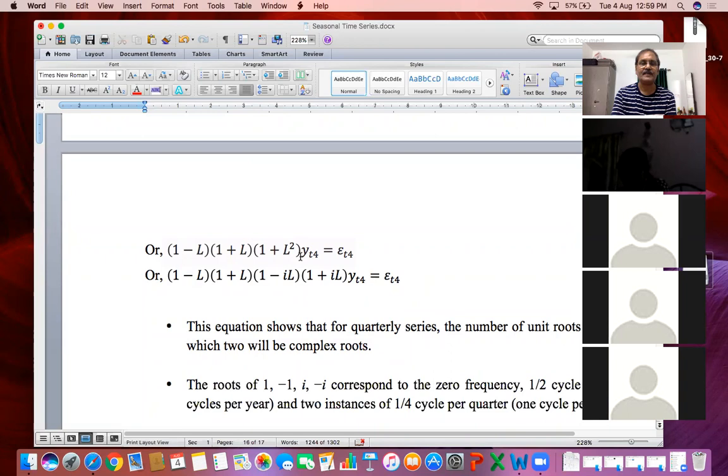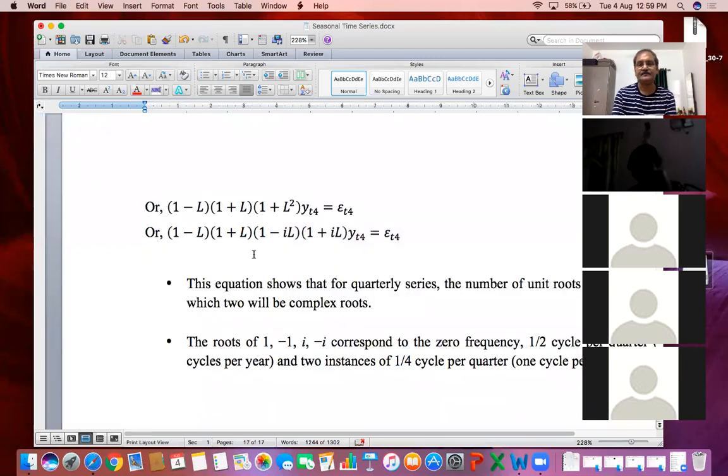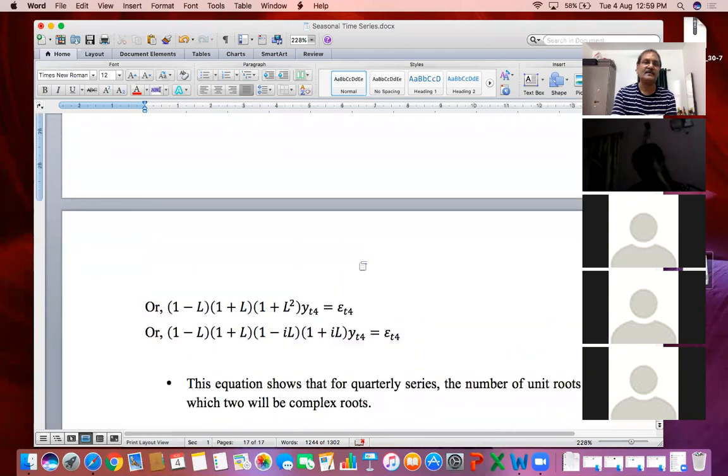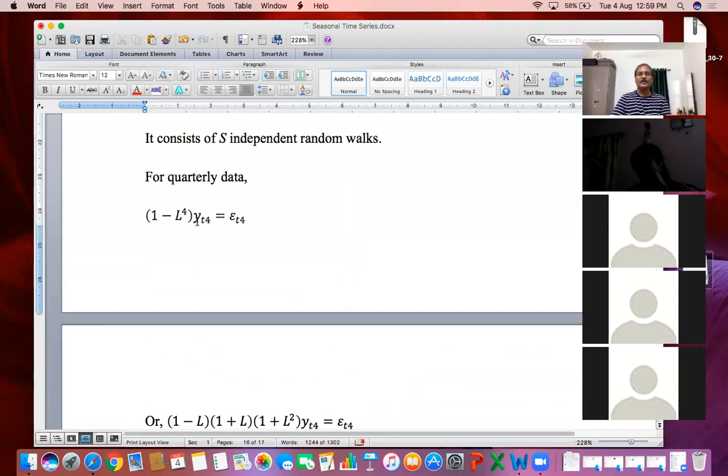If we manipulate further, you will get (1 minus L)(1 plus L)(1 minus iL)(1 plus iL), where i denotes the complex number, square root of minus 1, equal to 0. So if you solve it, you have 4 values of L. So you have 4 characteristic roots by setting 1 minus L to the power 4 equal to 0.